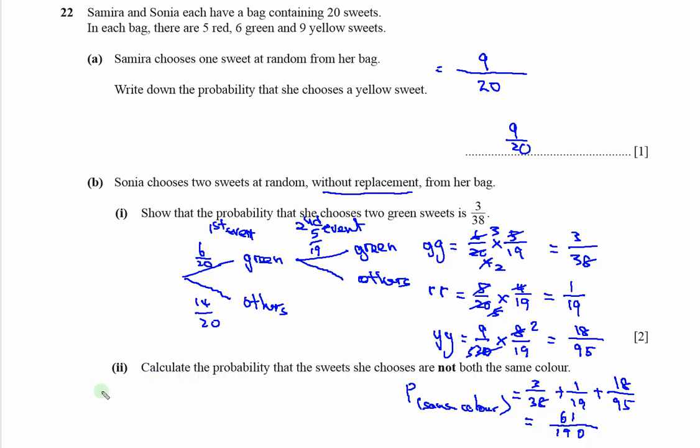Okay, therefore the answer to this is the probability not the same color is equal to 1 minus the probability of same color.